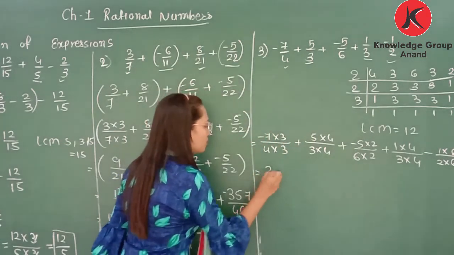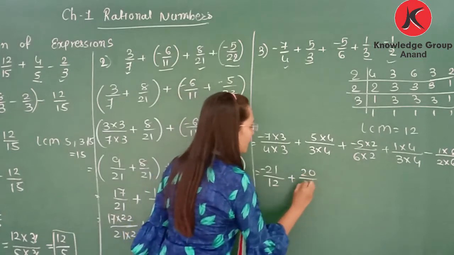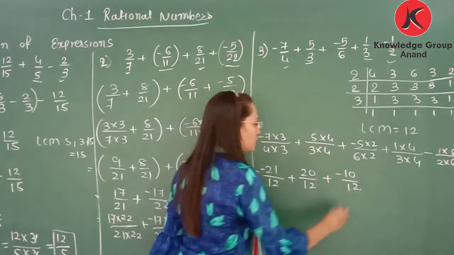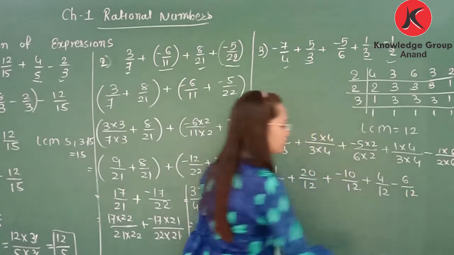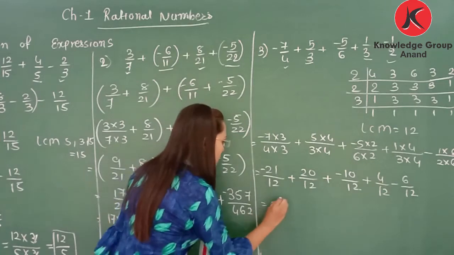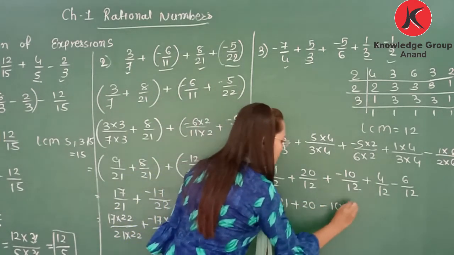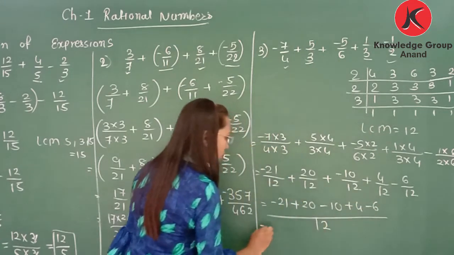Now minus 21 by 12 plus 20 by 12 plus minus 10 by 12 plus 4 by 12 minus 6 by 12. Now we have minus 21 plus 20 plus minus 10 plus 4 minus 6, whole divided by 12.